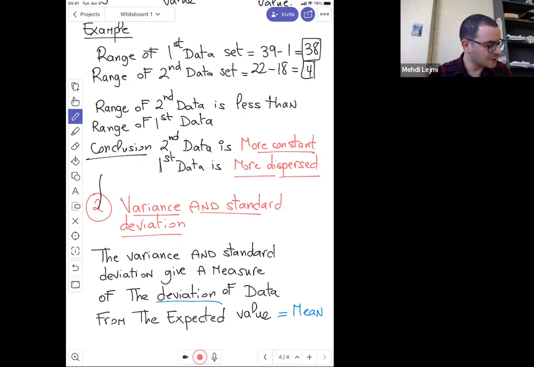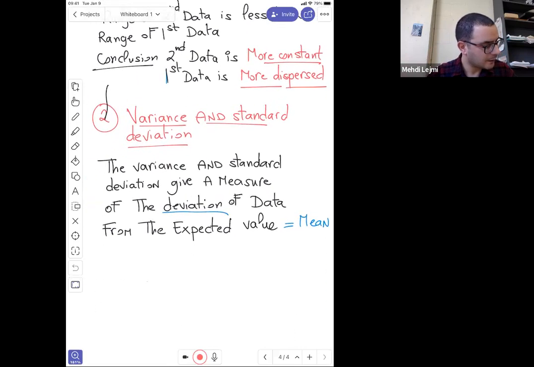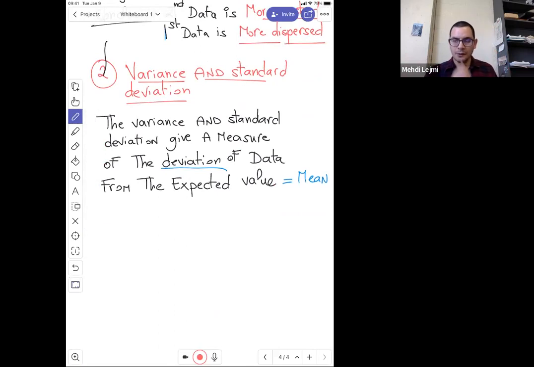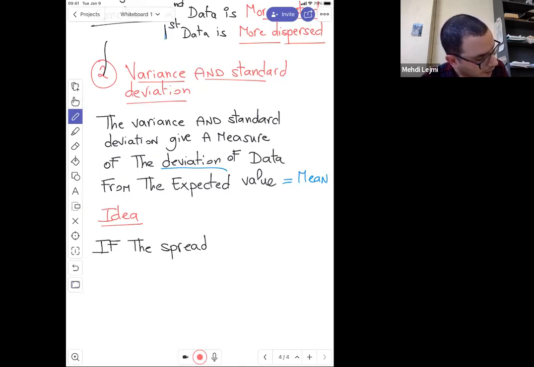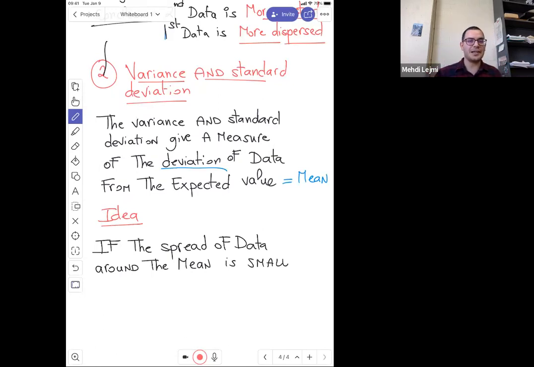Now, before the example, let me just say, if the spread of the data around the mean is small, then your standard deviation is going to be small.